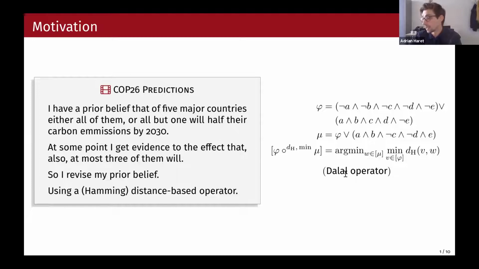It's called the Dalal operator. It's a classic operator. We know what axioms it satisfies, and so on. And it's based on distance. In this case, Hamming distance, which just counts the number of atoms that 2 interpretations differ on.